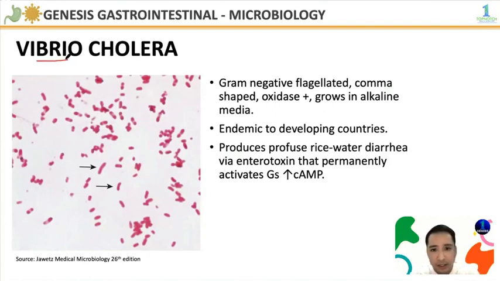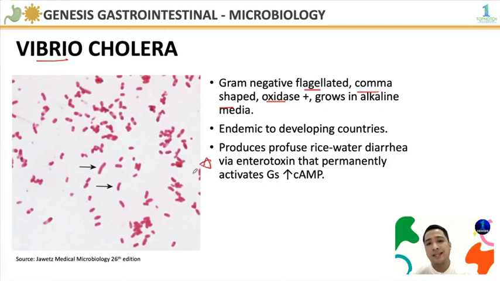Vibrio cholera is a gram-negative flagellated, and take note, comma-shaped, oxidase-positive organism. It grows in alkaline media. It is a gram-negative microorganism that is endemic to developing countries. The main problem with Vibrio cholera is the characteristic watery diarrhea, which is very severe in nature.